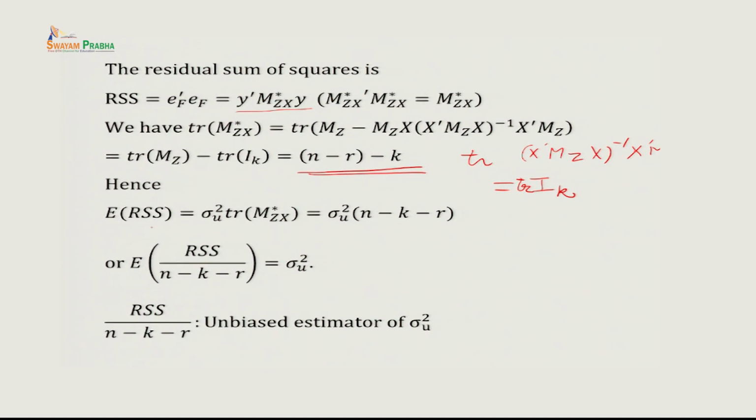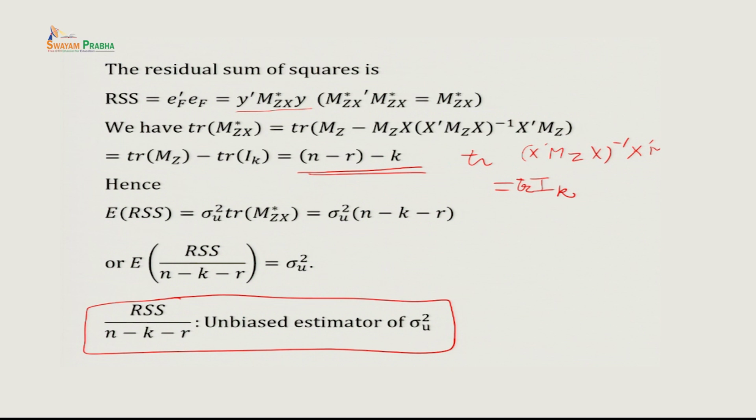So expectation of RSS is equal to sigma squared u times trace of M*_ZX, which is equal to sigma squared u (n minus k minus r), or expectation of RSS upon (n minus k minus r) is equal to sigma squared u. So this gives you an unbiased estimator for sigma squared u.